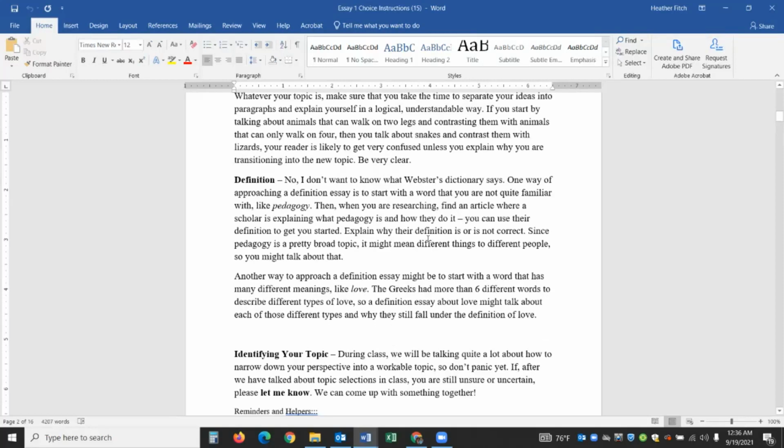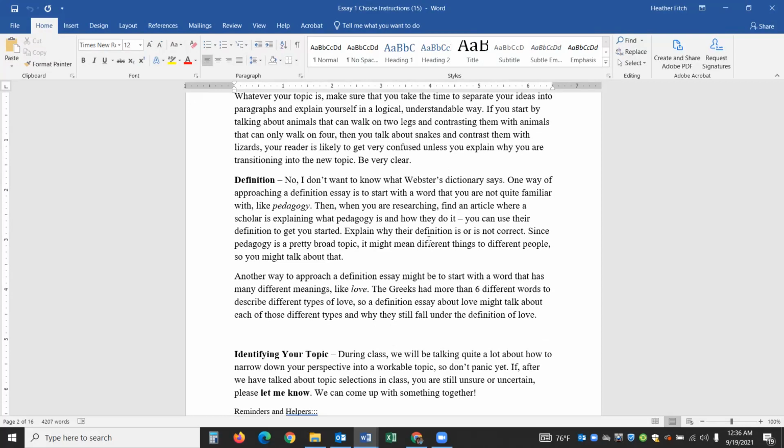Definition is not just Webster's dictionary, and I say Webster's Google, right? It's not just what Google says. Because you think about different words like, for example, success. The way we define success is probably very different from how someone else might define success.